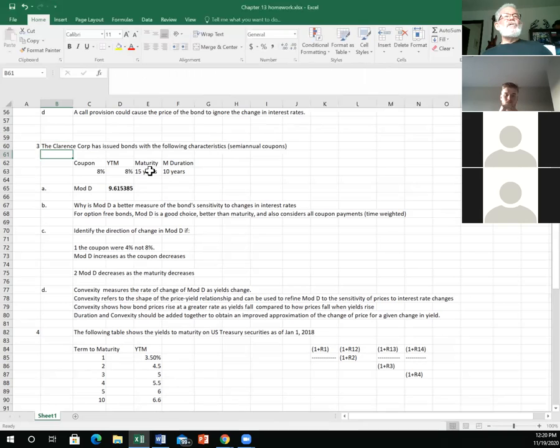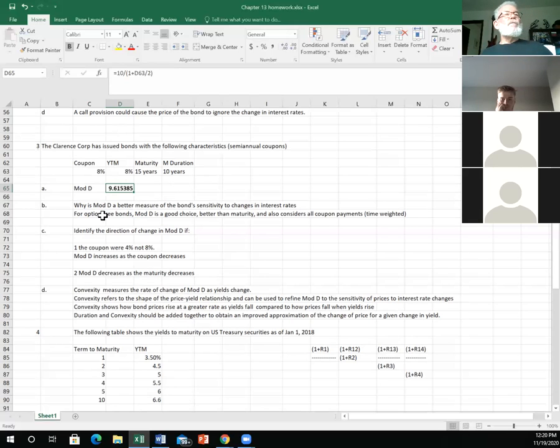Maturity is 15 years, and the Macaulay duration is 10 years. Hey, what's the modified duration? It would be the duration divided by 1 plus the yield to maturity divided by 2, 9.61 years.